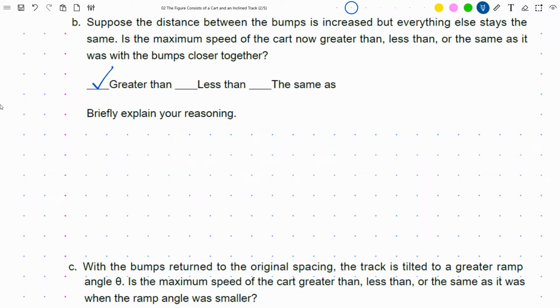And explain your reasoning. I'll try to keep this brief but clear.